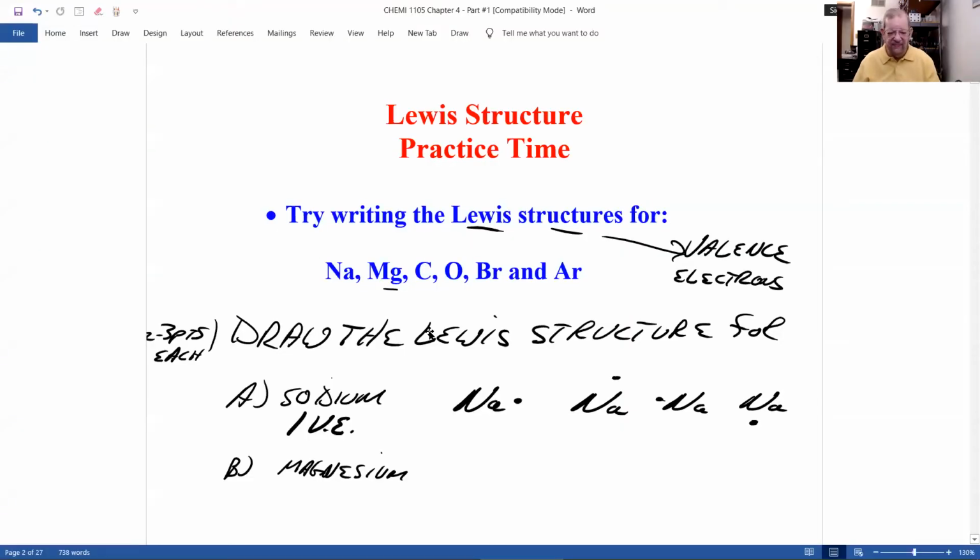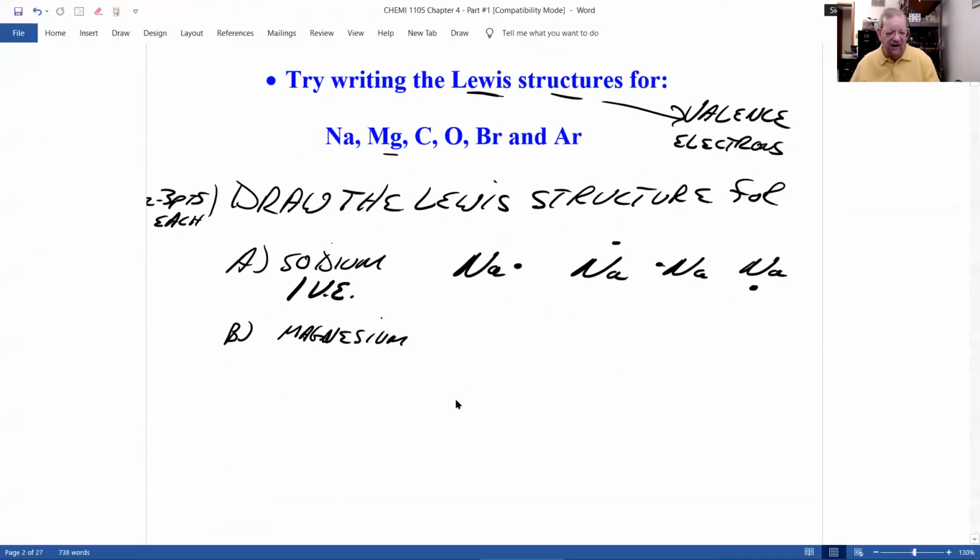So magnesium has 2 valence electrons, and we write the chemical symbol, and you put 1 on each side before doubling up. There are other ones I could easily do. There are many variations. This would be another example.